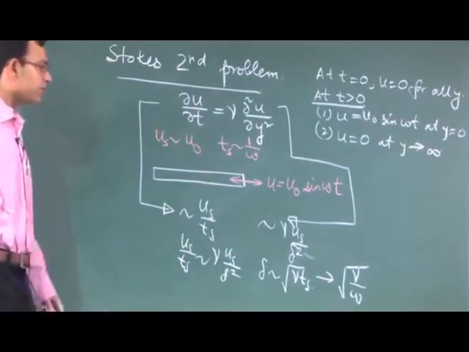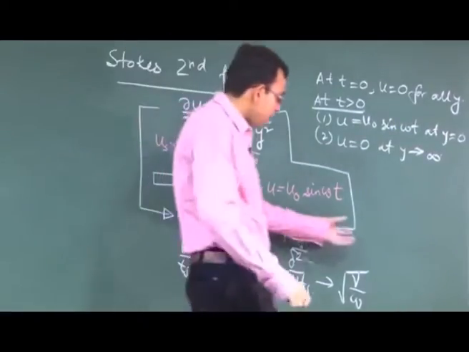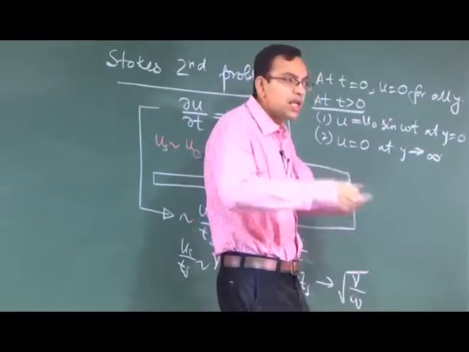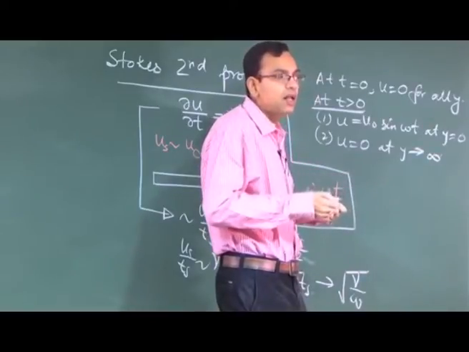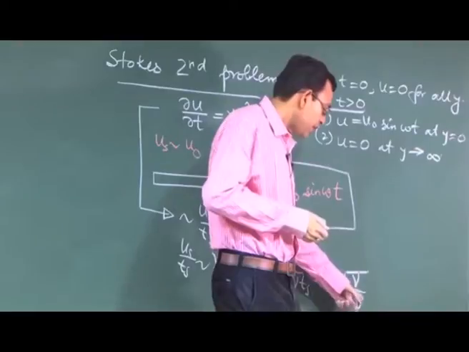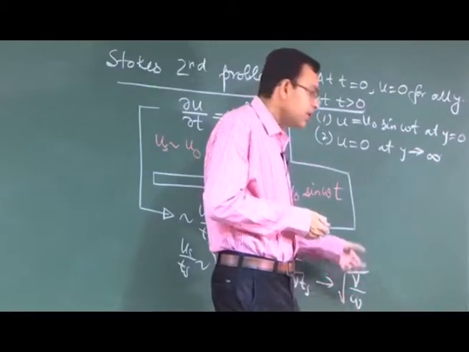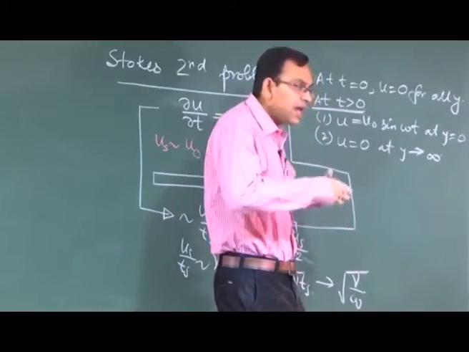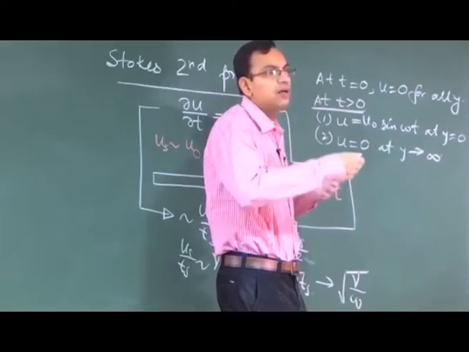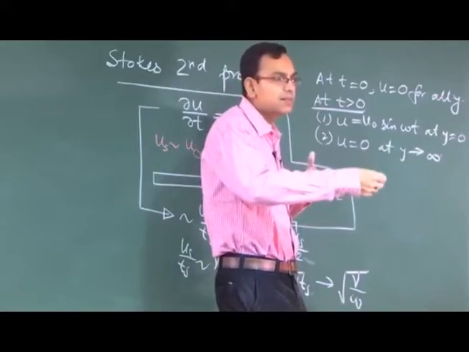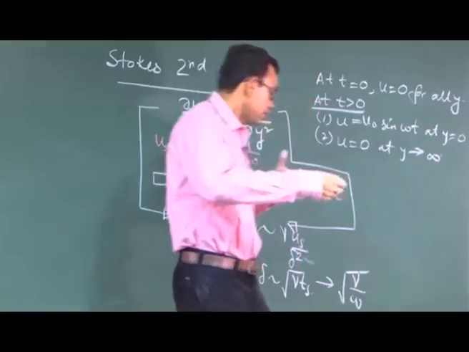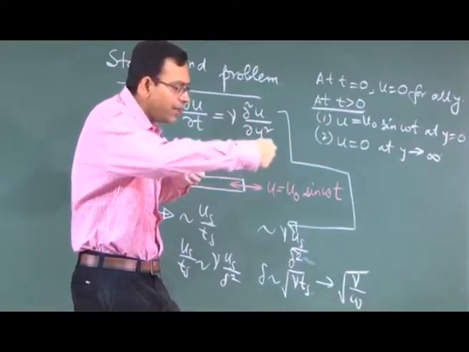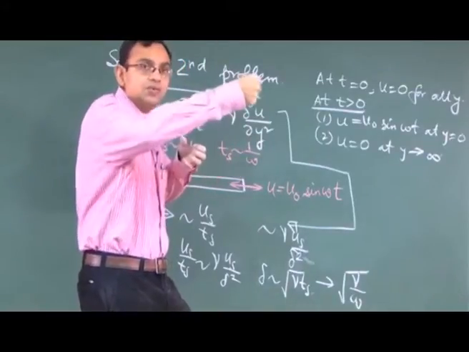The physics of the situation is like this: kinematic viscosity tries to diffuse the effect of the wall, but if you oscillate the wall at a very high frequency, that itself will try to arrest the propagation of the disturbance. Once you have a plate movement, you suddenly change the plate movement, again you change it.